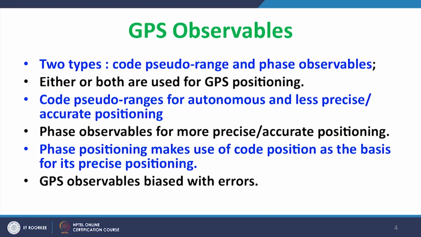As the name says, the code pseudo range is the range from the GPS satellite to the GPS receiver, found from the code information of the signal, and the phase observable is from the phase of the signal. Either the code pseudo range, or the code pseudo range followed by the phase range, is used to find the GPS position.